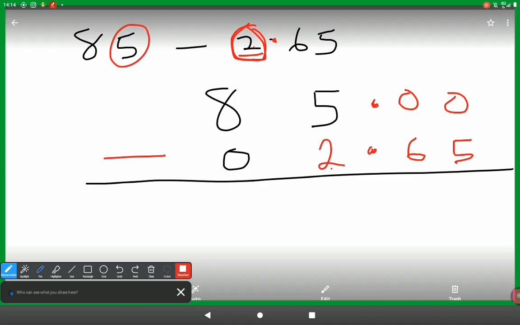0 take away 5 cannot be done, so I have to borrow 1 from the 5 right here, because I cannot even go here. This is also 0, so I cannot take away 1 from 0. It's not possible. So I have to take 1 from the 5. If I take 1 from the 5 it turns to 4, and the 1 goes directly to this 0, because it cannot just jump from this side to the other side of this 0. No. So you have to take the process.